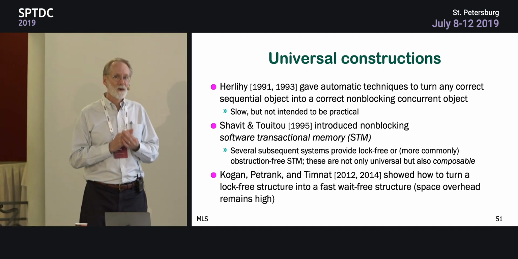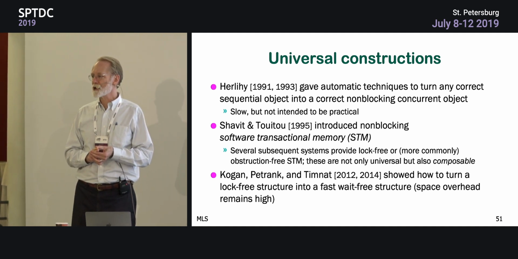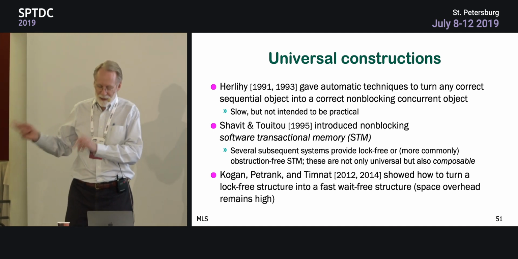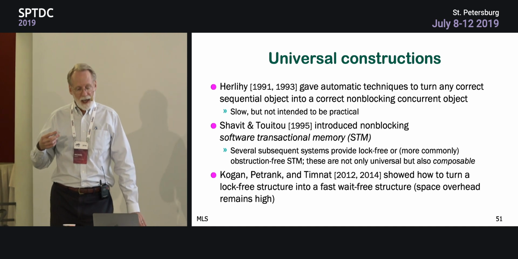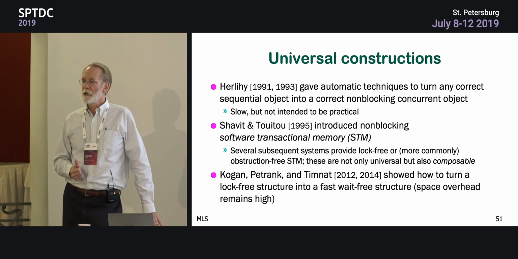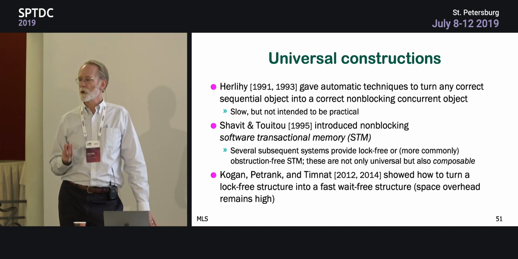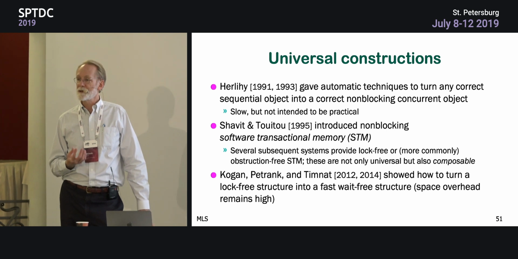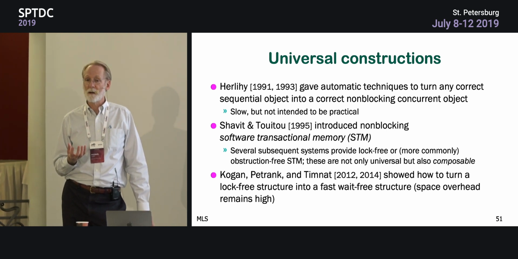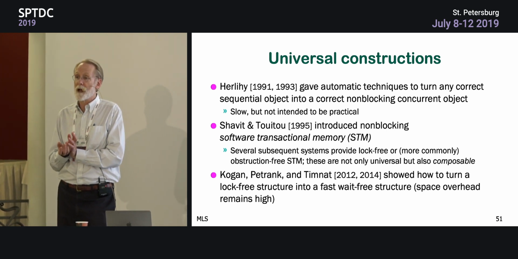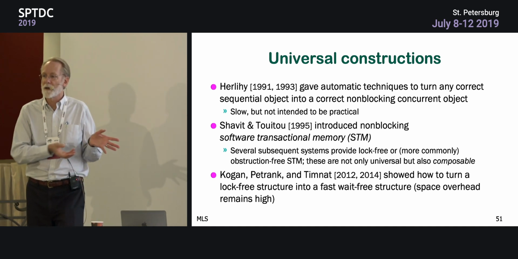The original non-blocking construction comes from Maurice Herlihy's work back in the 1990s, and that was for the first purpose. It was to make arguments about the relative power of hardware primitives like test and set or swap or compare and swap, and to know which of them is fundamentally more powerful than the others and can be used to simulate the others.